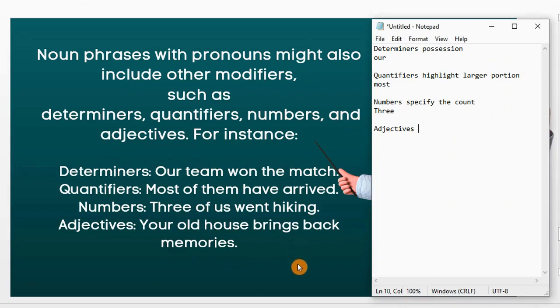So the adjective describes qualities and attributes. It describes the quality of a home, that the home is old or new, or anything that gives quality or attributes in a positive or negative way, then it is known as an adjective.